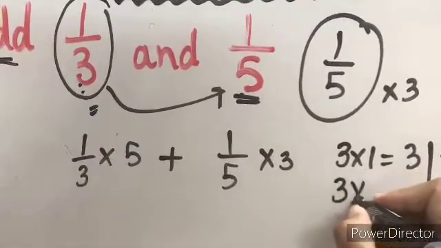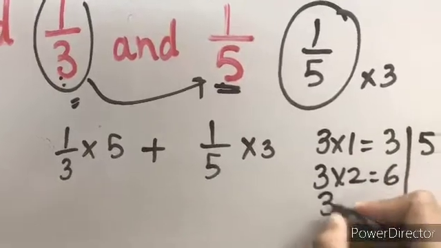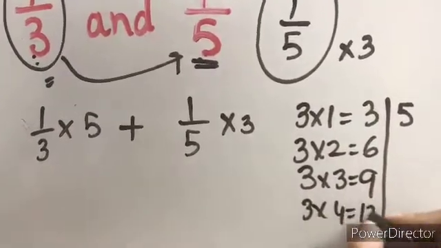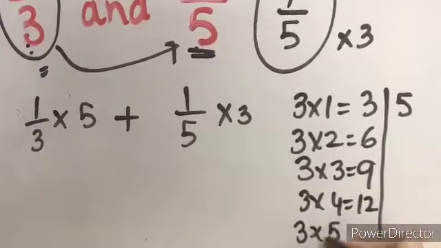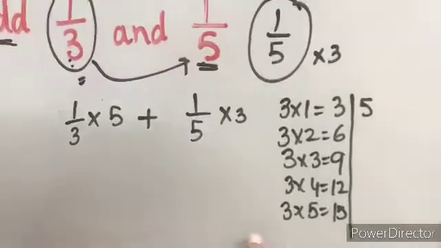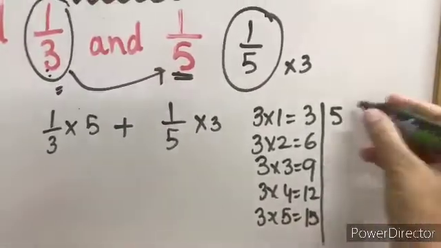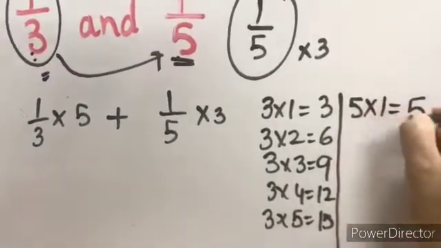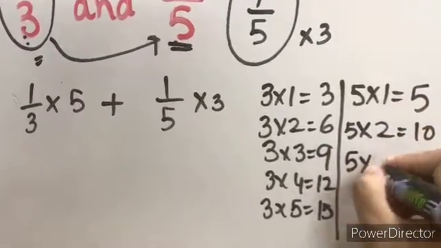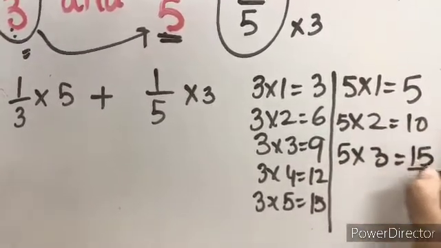Okay, you found that 3 5s are 15, and you already know the vice versa, but still I want to make you clear, so I am writing the whole table here. 15.